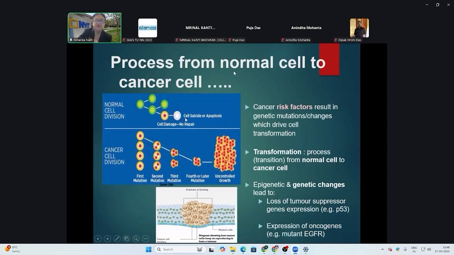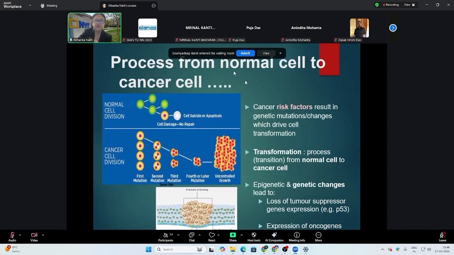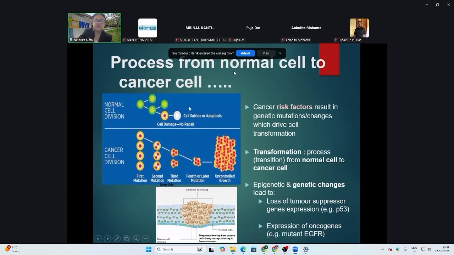So normally a cell will die by suicide. It's very, very normal that a cell will die by suicide, but in this situation, in a cancerous cell, they will acquire a mutation. So the first mutation, then there might be some of them, not all of them, will acquire a second mutation. Some of them will acquire a third mutation. And a mutation is a change in its DNA. And a fourth or a later mutation, and then some of those.